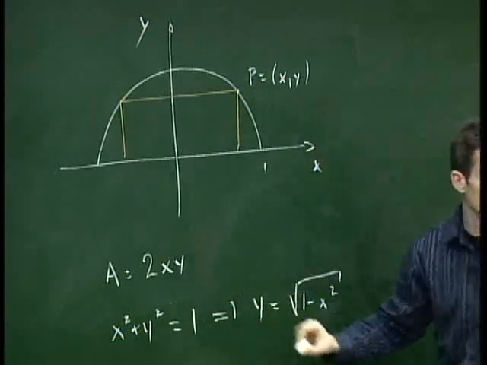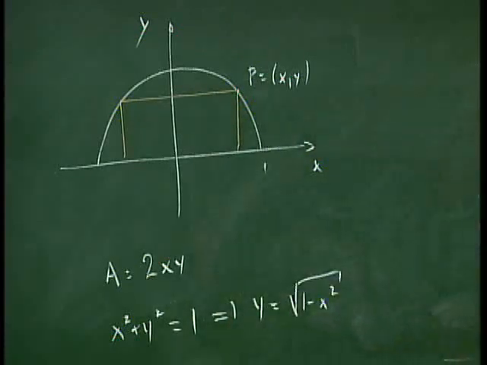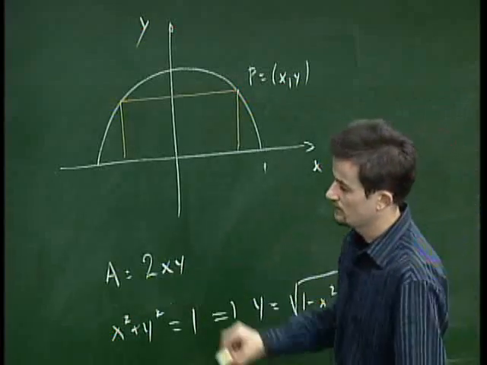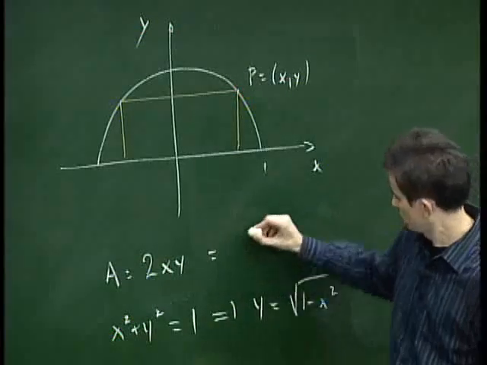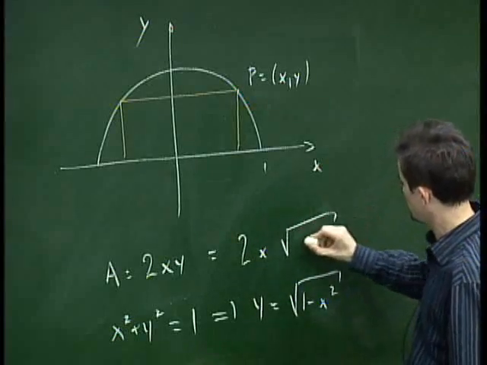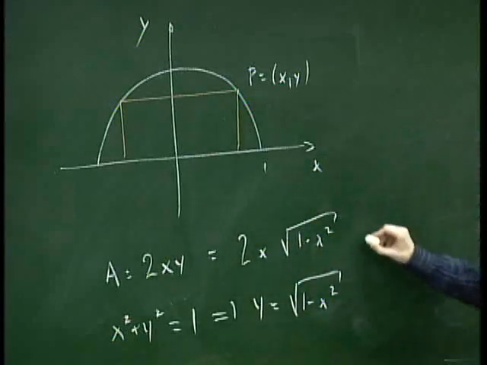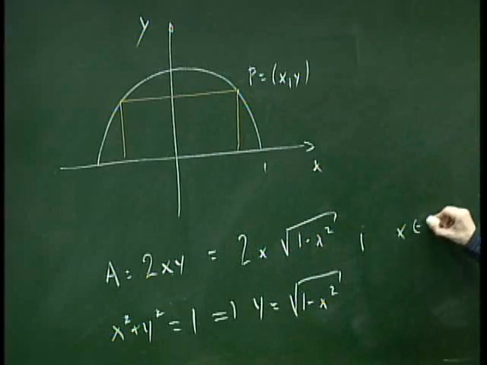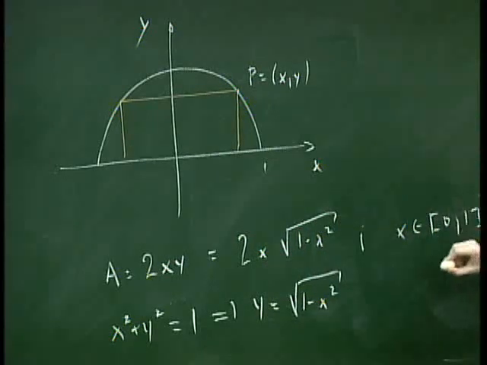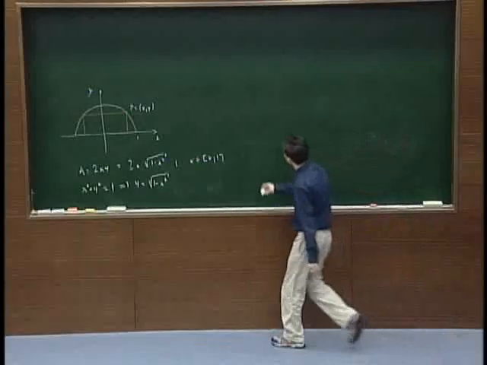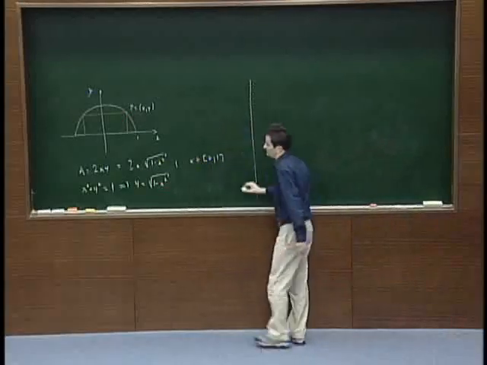You plug this in here, and you take the derivative. So you have 2 times x times the square root of 1 minus x squared. You discuss the function on this interval, a closed interval, and you can use the closed interval method. Now, this is not the best way to do this example.